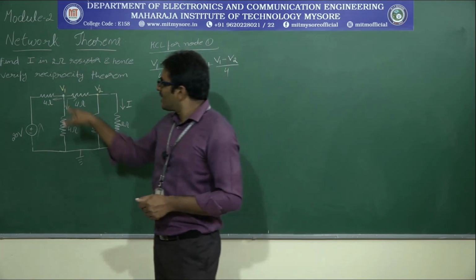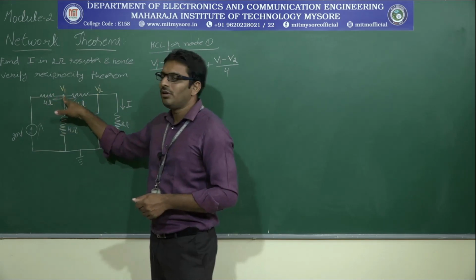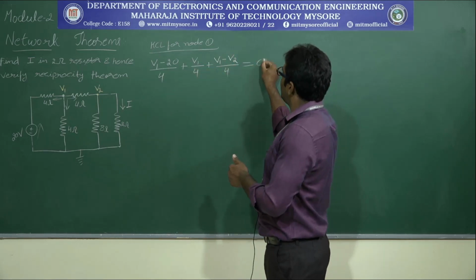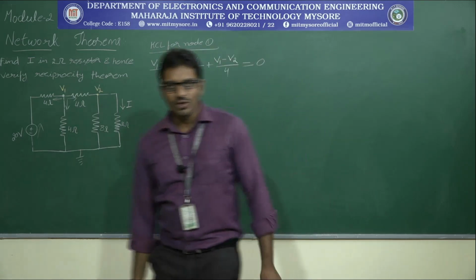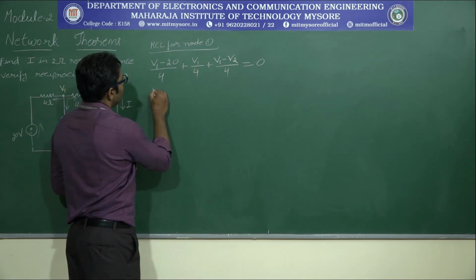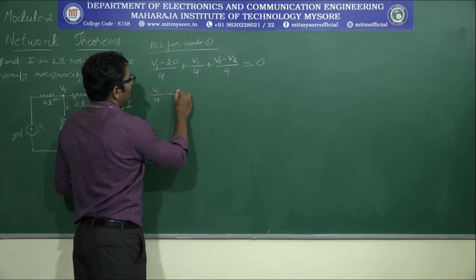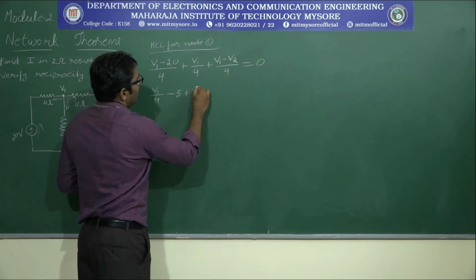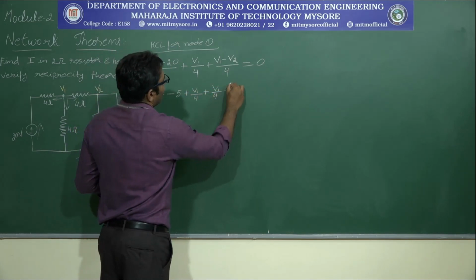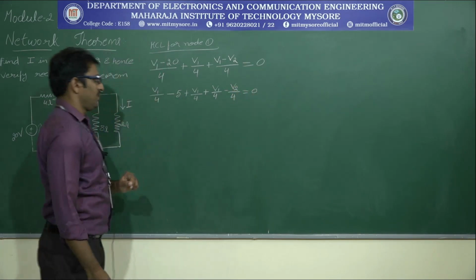Any other branch connected to this node? No. Only 3 branches are connected to this node. So, there are 3 terms that are equal to 0. Just simplify this equation. V1 by 4 minus 20 by 4, that is 5, plus V1 by 4 plus V1 by 4 minus V2 by 4, that is equal to 0.